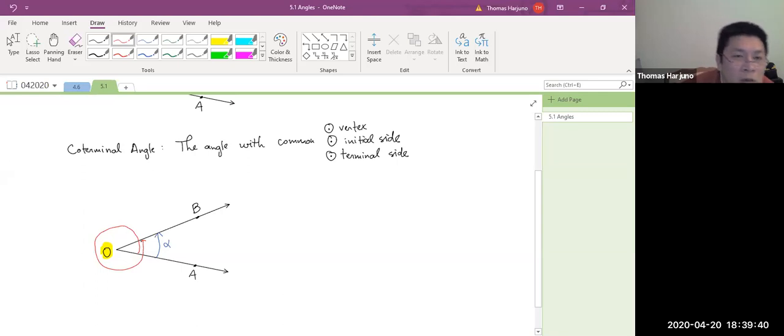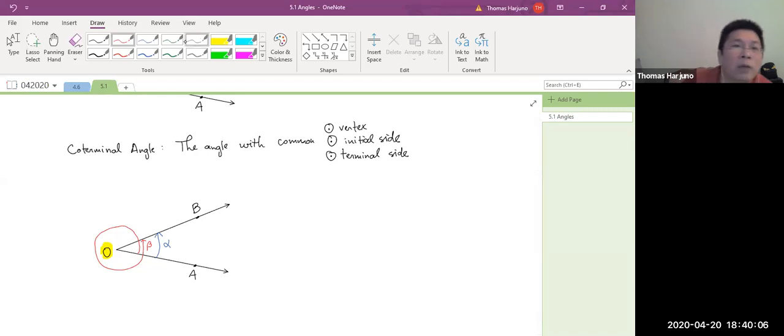The red angle, let me call that angle beta, is clearly more than 360 degrees, right? But the opening of this beta is called a coterminal angle because it starts from the same initial side. It shares the same vertex and the same terminal side.